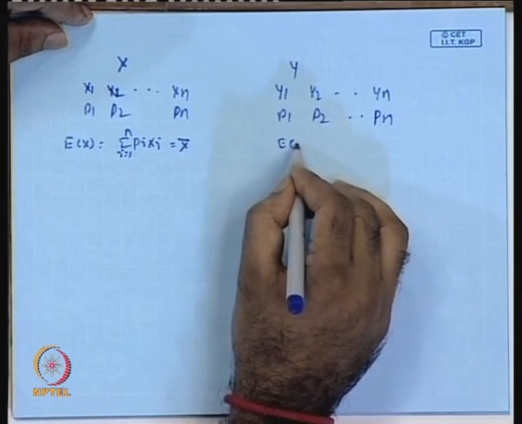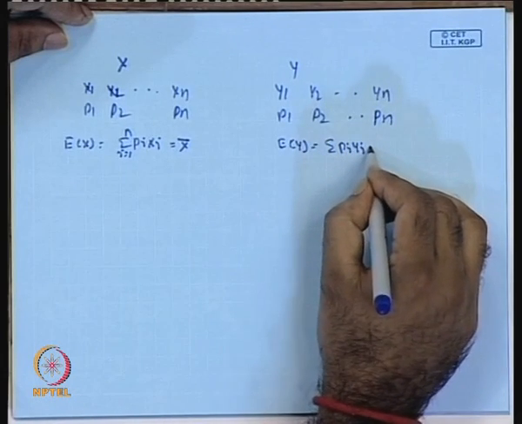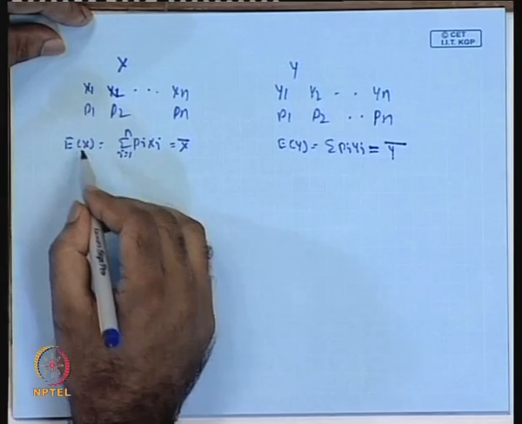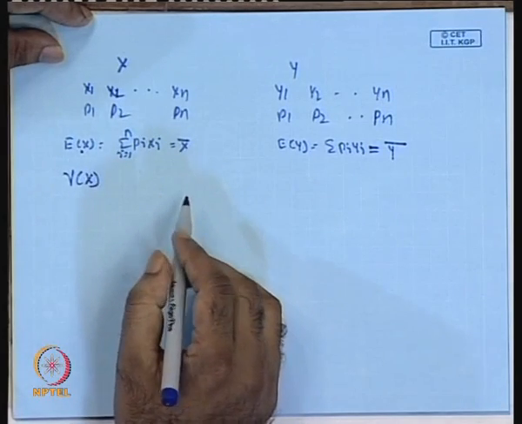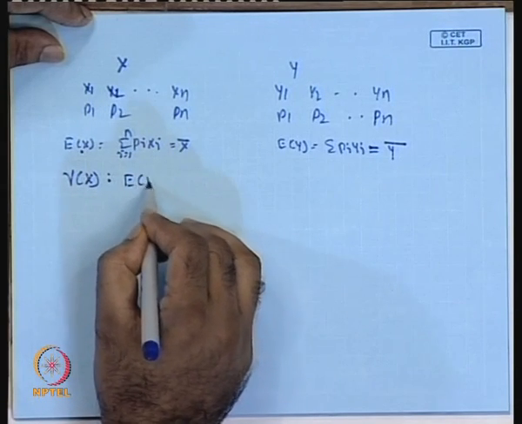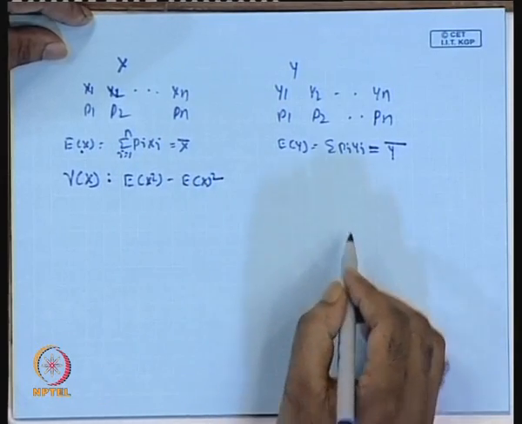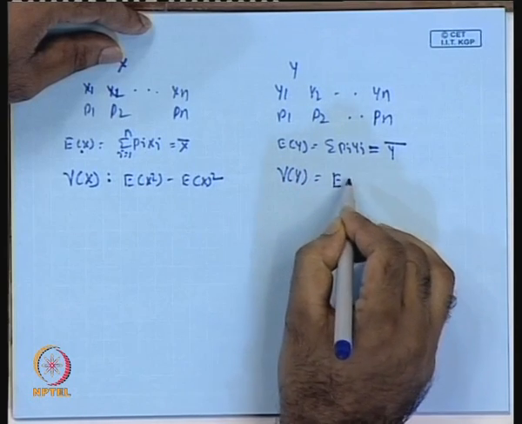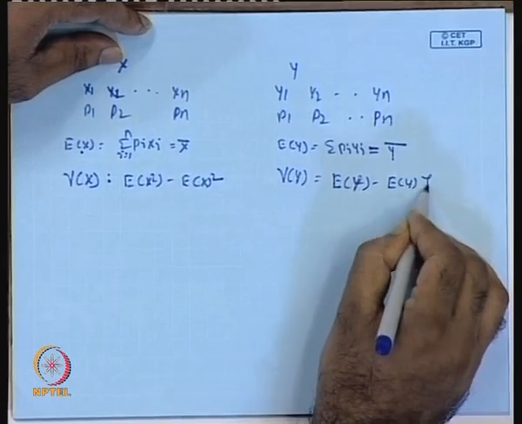Similarly, E(y) is equal to summation pi yi, which is y bar. Now we can also get V(x), the variance of x, which is E(x squared) minus E(x) whole squared. Similarly, variance of y is E(y squared) minus E(y) whole squared.